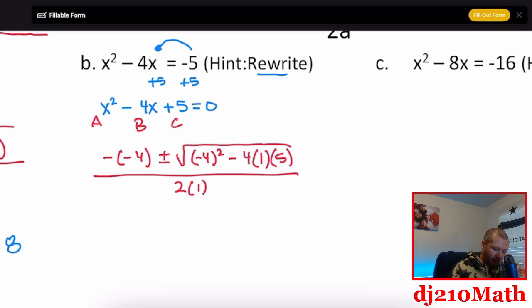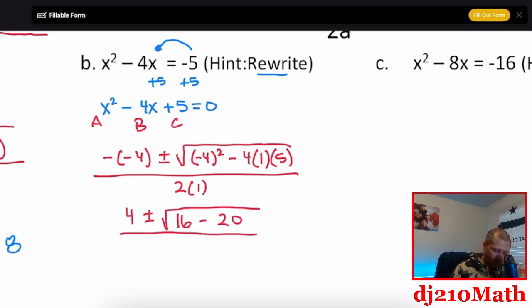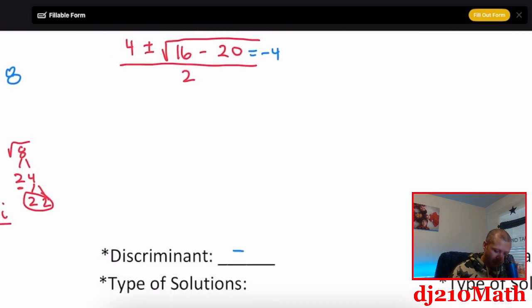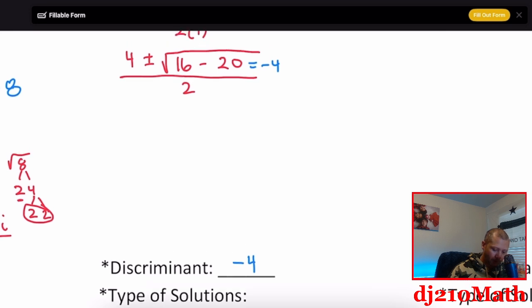Okay, simplifying. Negative and negative is a positive. So we have 4 plus or minus 16, because 4 times 4, minus 20. All over 2. Okay, the discriminant, the part under the square root, 16 minus 20 is -4. So that's the discriminant, -4, right? The part underneath the square root.